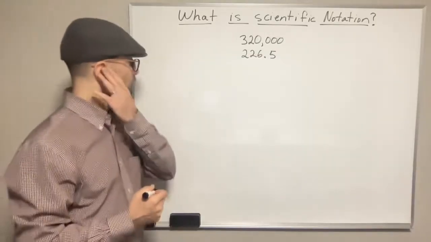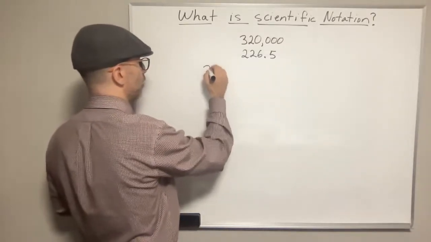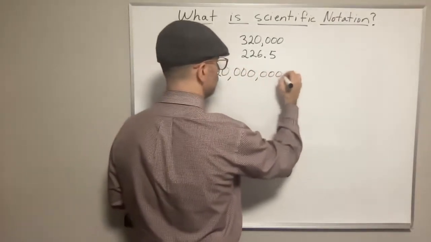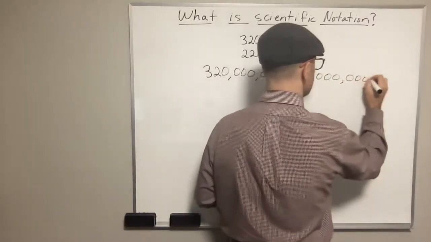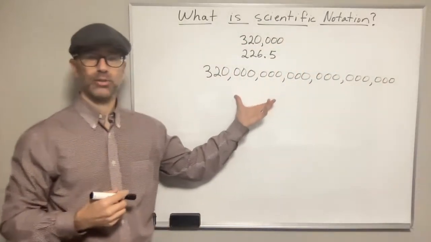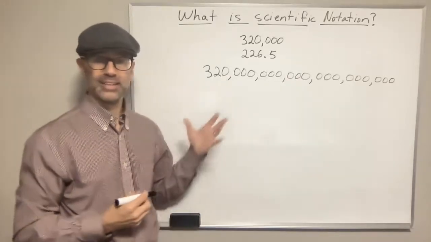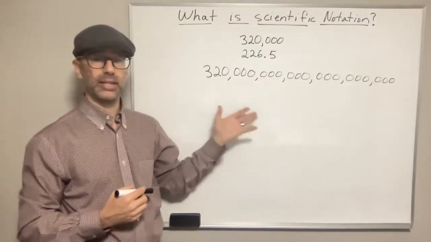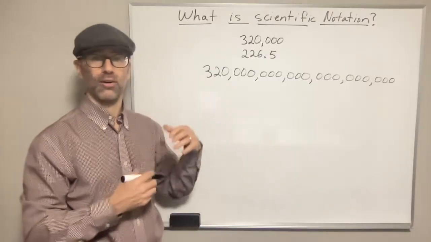So for example, if you write a large number, let's say 320 followed by a long string of zeros, I don't know what the name of this number is or how to say it, but you can see how inconvenient it would be to write this number over and over again in a paper or whatever, right?